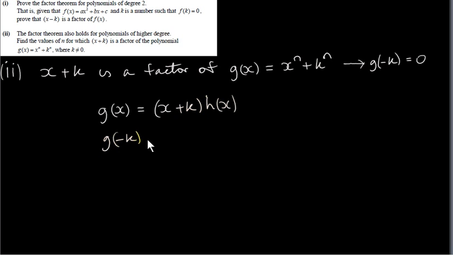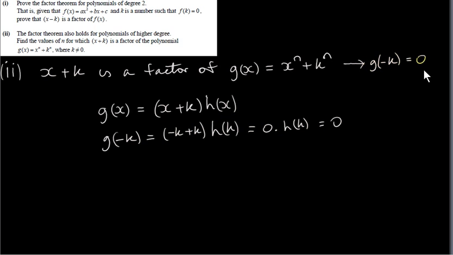But now you can see that g of minus k is just minus k plus k times h of minus k. We just sub minus k in for x. But minus k plus k is 0, so we just get 0 times h of minus k, which is 0. So that shows that if x plus k is a factor, then minus k is a solution of g of x equals 0.